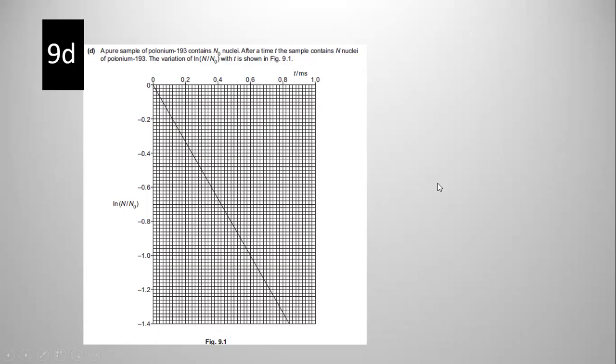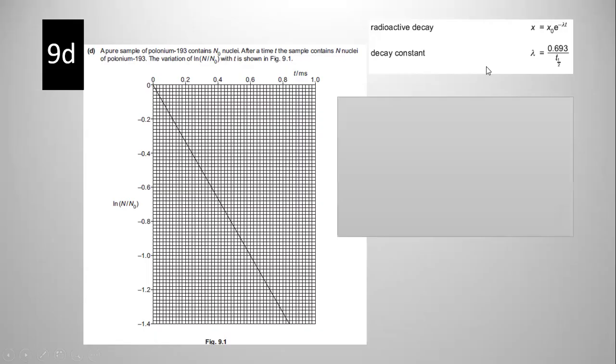So go to the formula sheet. They have given you the formula. So replace the x with your N, right? Then write in this form, ln. So we can find lambda from the gradient.